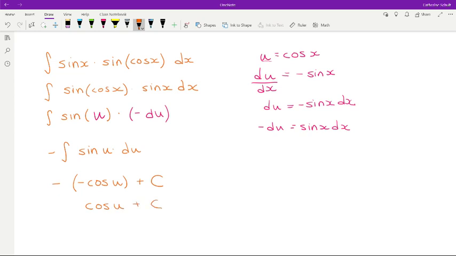Because we started with x's, we end with x's, so let's rewrite this as cosine of x plus c. And remember, how do we check it? We can always take the derivative as our final check.